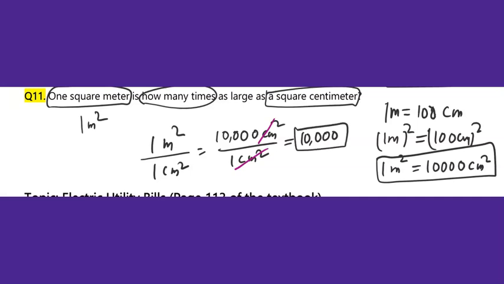So 1 square meter is 10,000 times as large as 1 square centimeter.